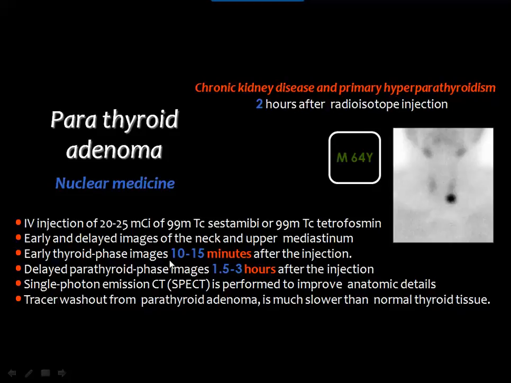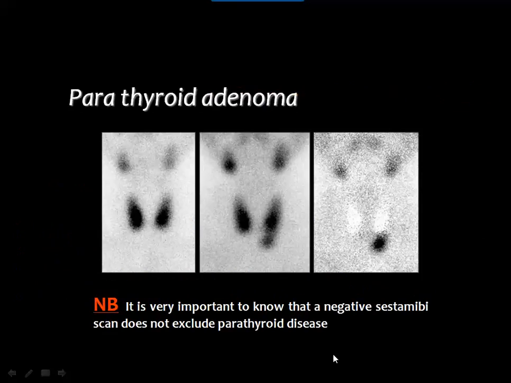Scanning 10 to 15 minutes after injection of the tracer is usually directed to visualization of the thyroid gland, but the delayed scan, which is obtained between 1.5 to 3 hours after injection of the isotope, is directed for the parathyroid adenoma. Then you will see clearance of the isotope from the thyroid gland and persistence of the isotope in the parathyroid adenoma.